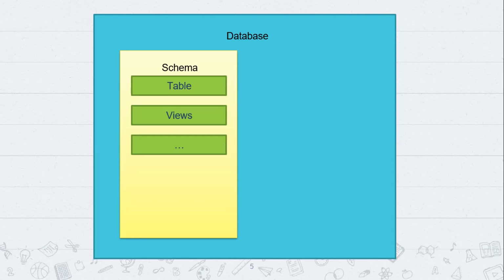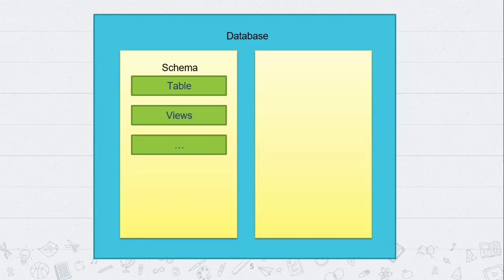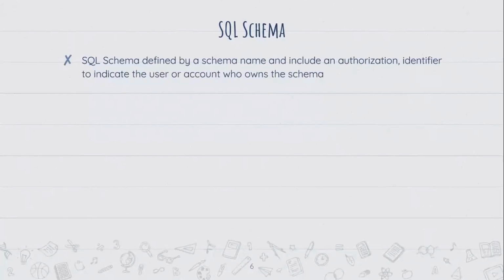In one room, there can be a lot of cupboards, not just one. So, likewise, in one database, there can be a lot of schemas. In each cupboard also there are tables, views and those things.